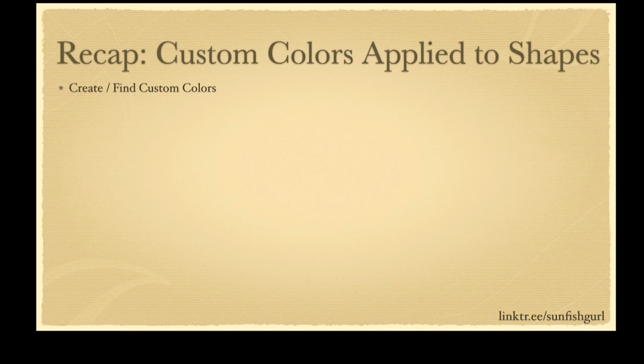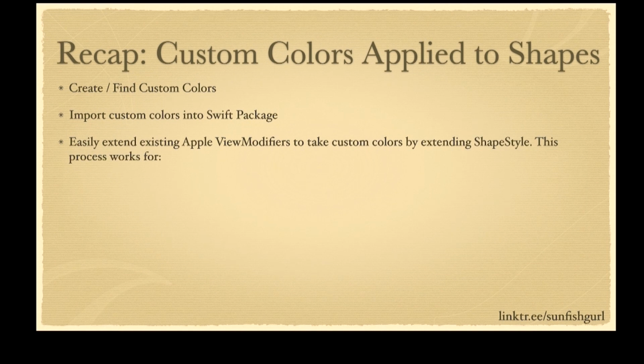in order to create custom colors that we can apply to shapes, we want to first create or find our custom colors. We want to import those custom colors into our Swift package. And we can easily extend existing Apple view modifiers to take custom colors by extending ShapeStyle.